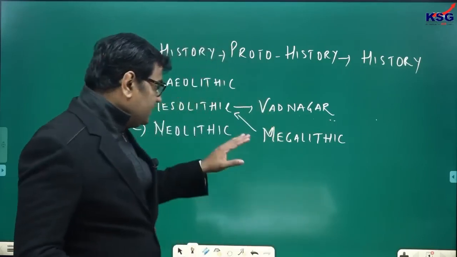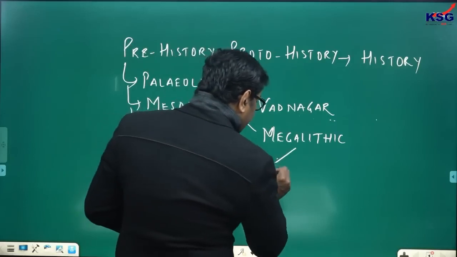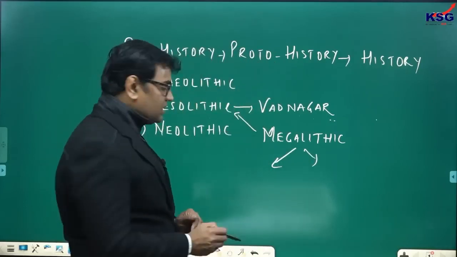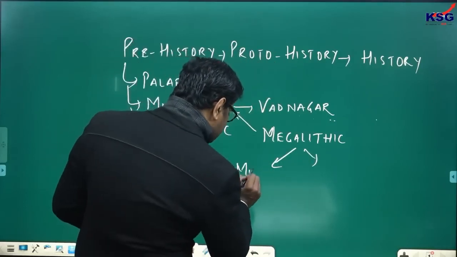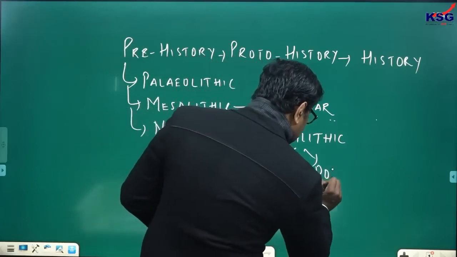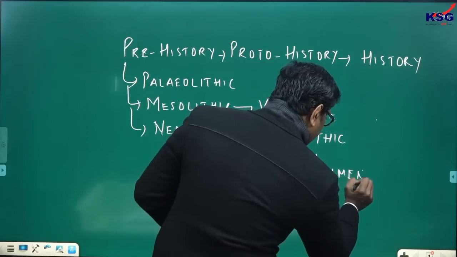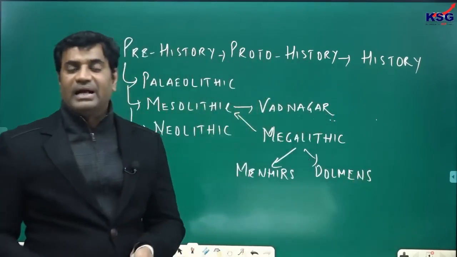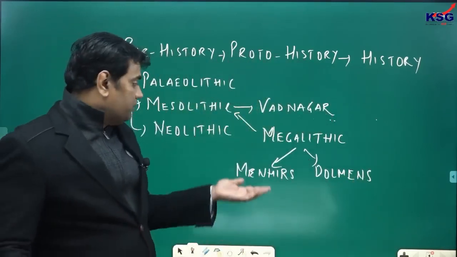In this megalithic culture, the burials marked by large pieces of stones are divided into two categories, known as the menhirs and the dolmens.